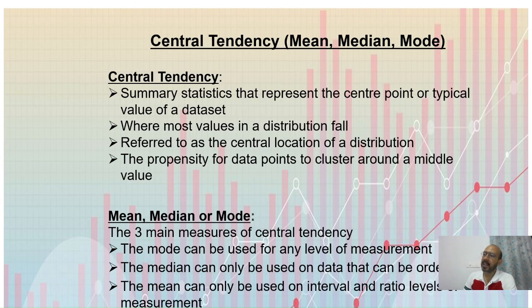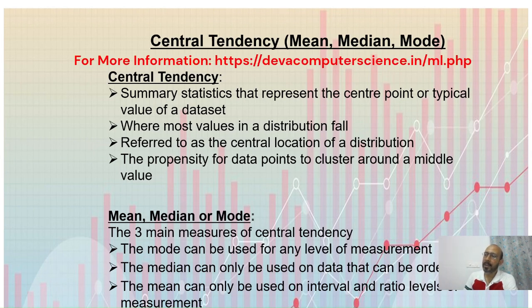These statistics indicate where most values in a distribution fall and are also referred to as the central location of a distribution. You can think of central tendency as the propensity for data points to cluster around a middle value.